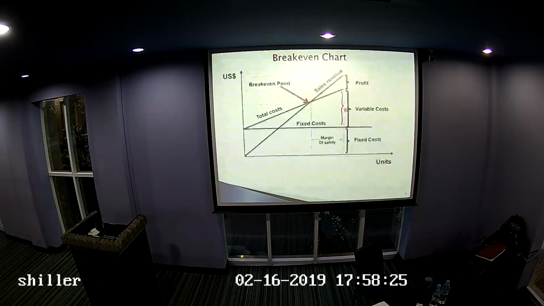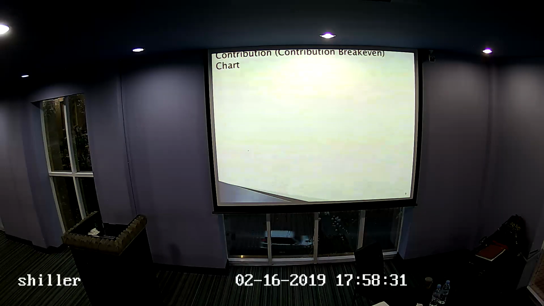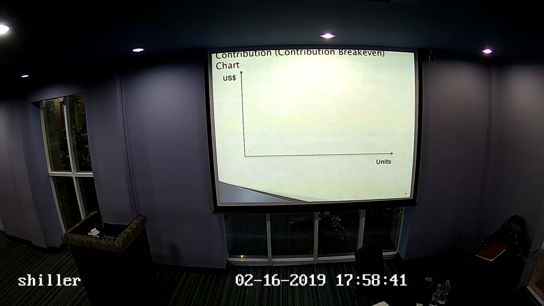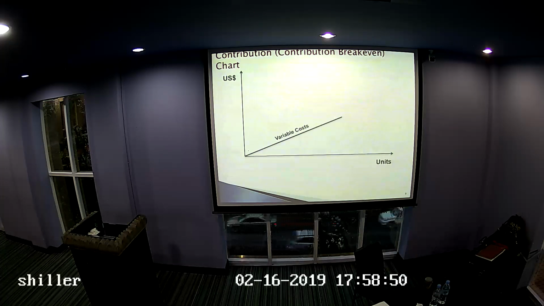Now this one here is a break-even chart. You can see the break-even. But this one says contribution break-even chart. What's the difference between the two? Let's take a look. Again, let's look at the X and Y axis. Look what has started first.